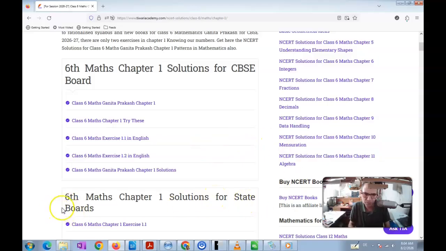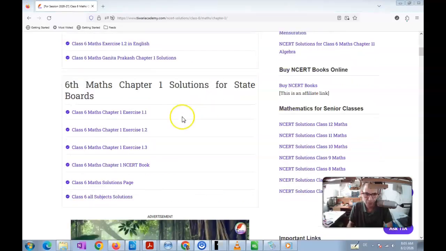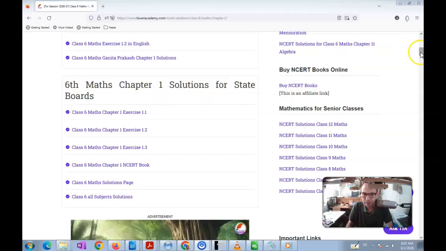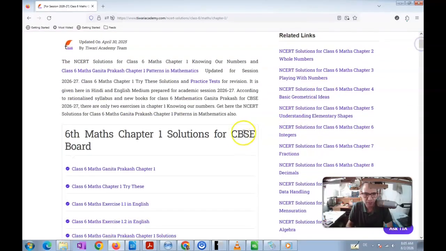You don't want to have anything to do with the state board, because in most cases they are different, at least a little bit different. So you don't want to confuse yourself. You go for either the CBSE board or the NCERT board, as stated here.